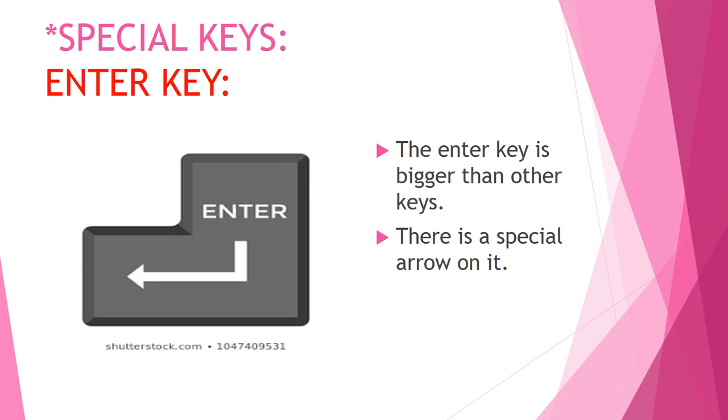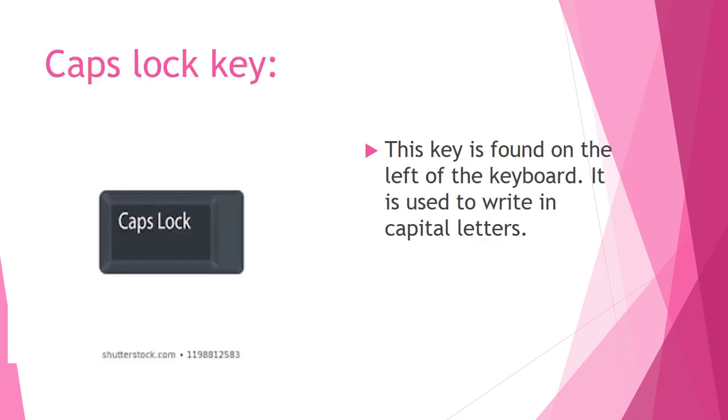Okay. Next is caps lock key. Students, this key is found on the left of the keyboard. It is used to write in capital letters. Caps lock can be turned on or off.